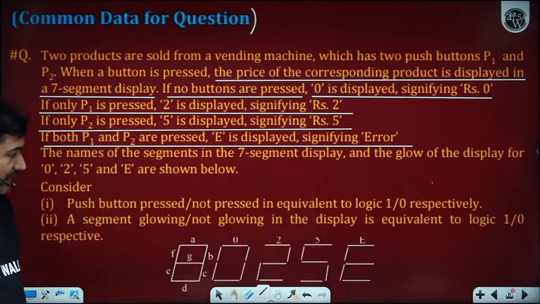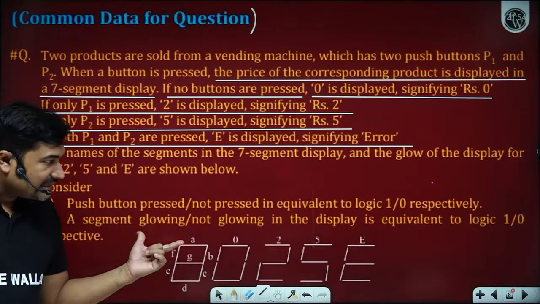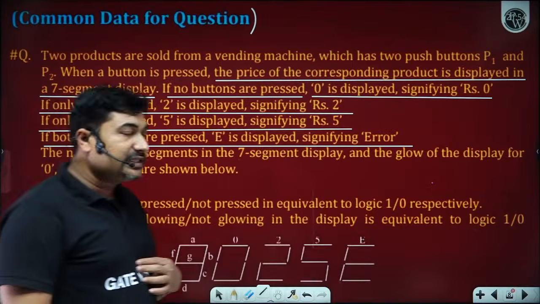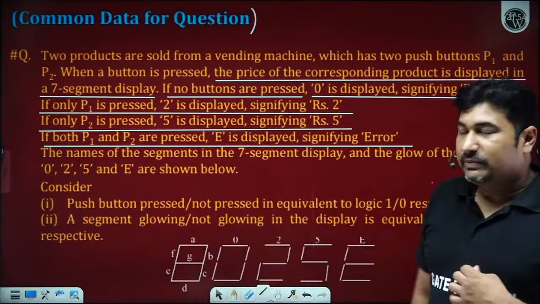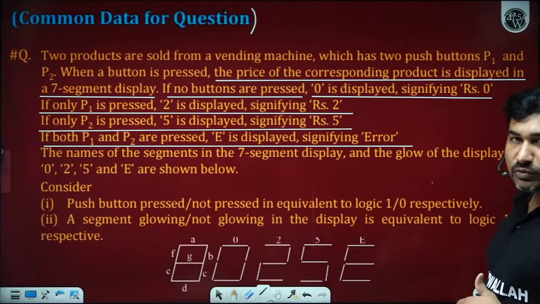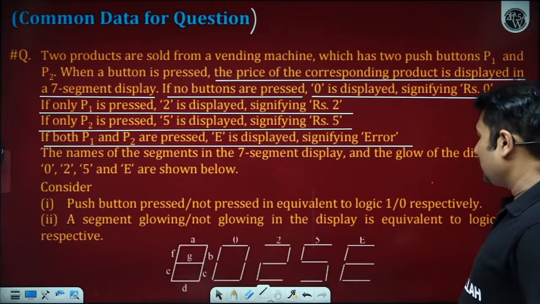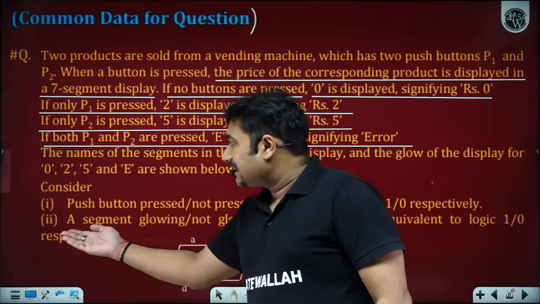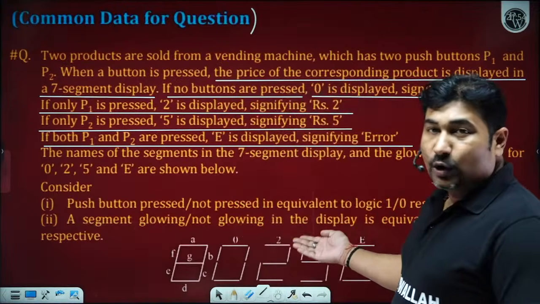Consider push button pressed or not pressed as equivalent to 1 or 0. It means if pressed, it is considered as logic 1. If not pressed, it is considered as logic 0. Is it okay? In the same way, for segment A, glowing or not glowing.